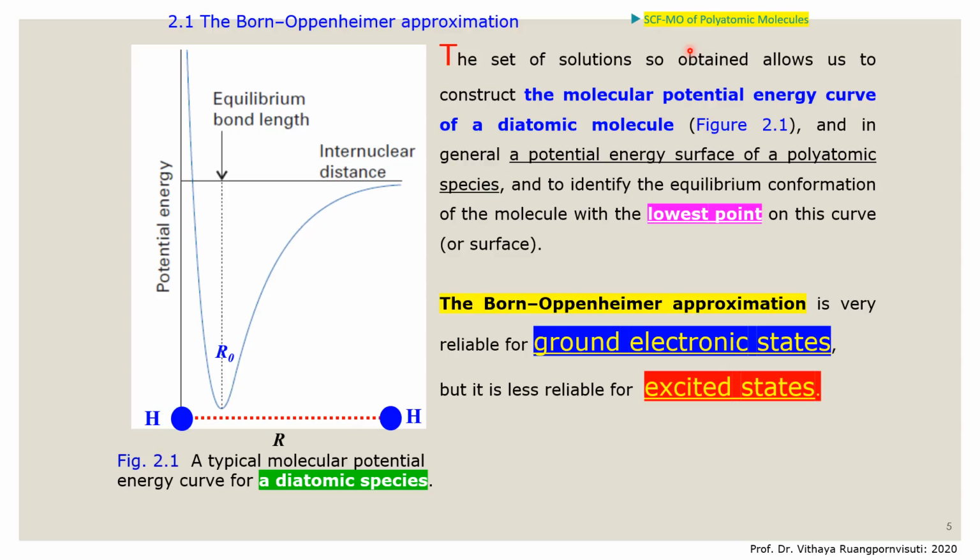It gives a potential energy surface of the polyatomic species, and we identify the equilibrium conformation of the molecule with the lowest point on this curve. It was concluded that the Born-Oppenheimer approximation is very reliable for ground electronic states, but less reliable for excited states.